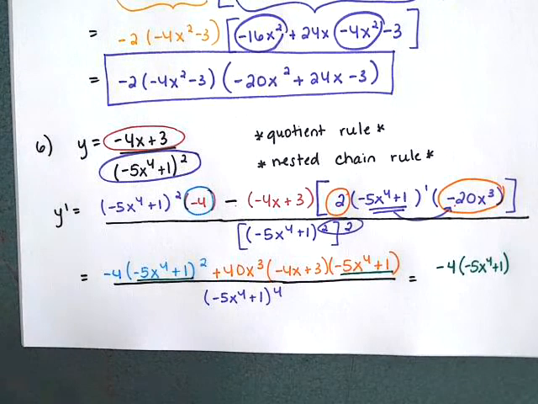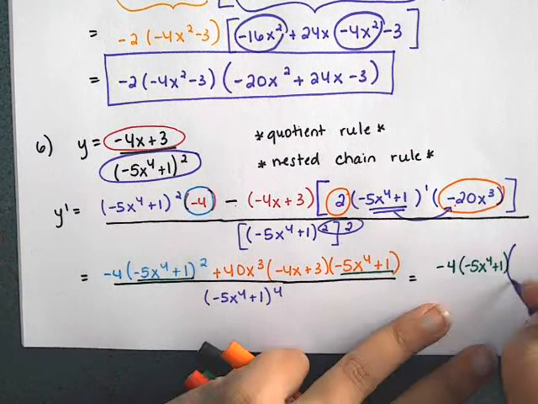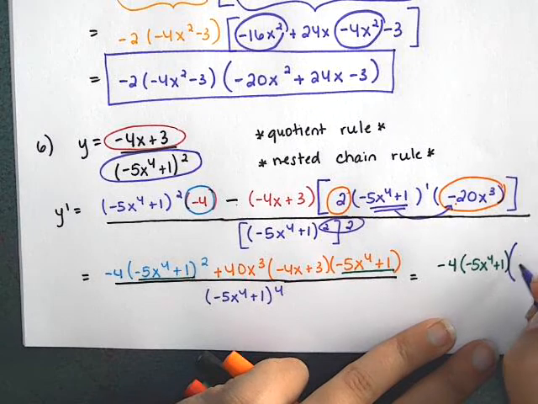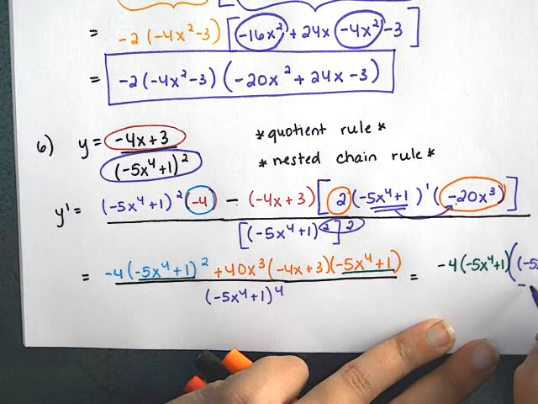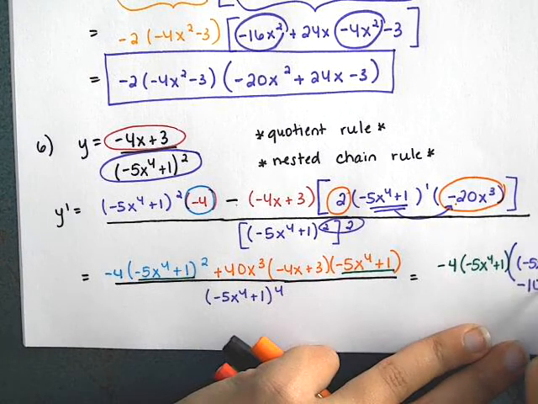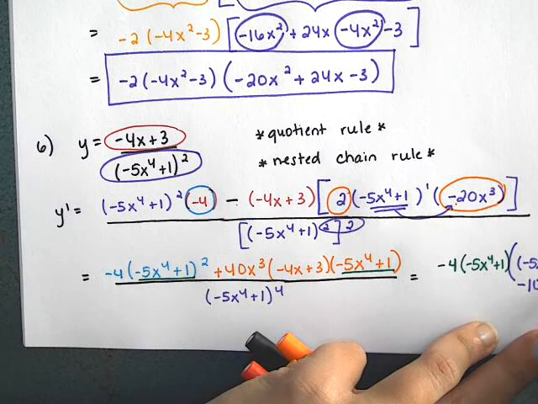And then I'm going to write down what's left. So what's left would be 1 copy of the negative 5x to the 4th plus 1 minus, and I'm going to have 10x cubed times the negative 4x plus 3.